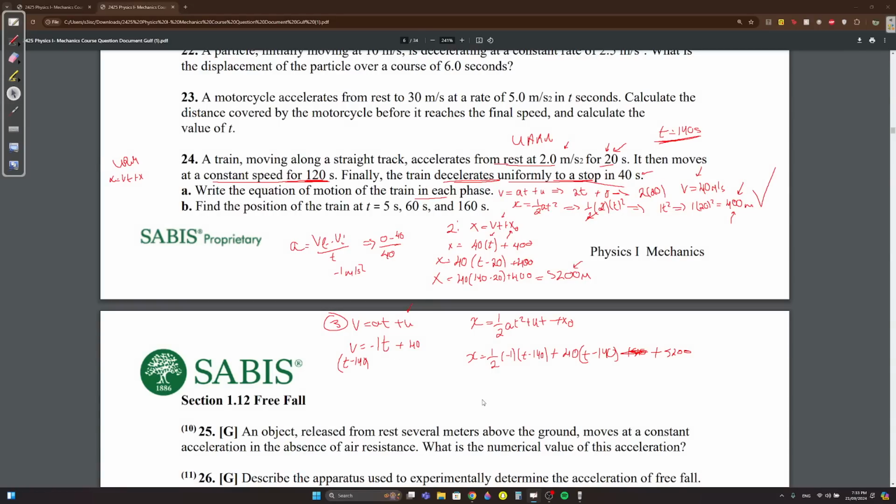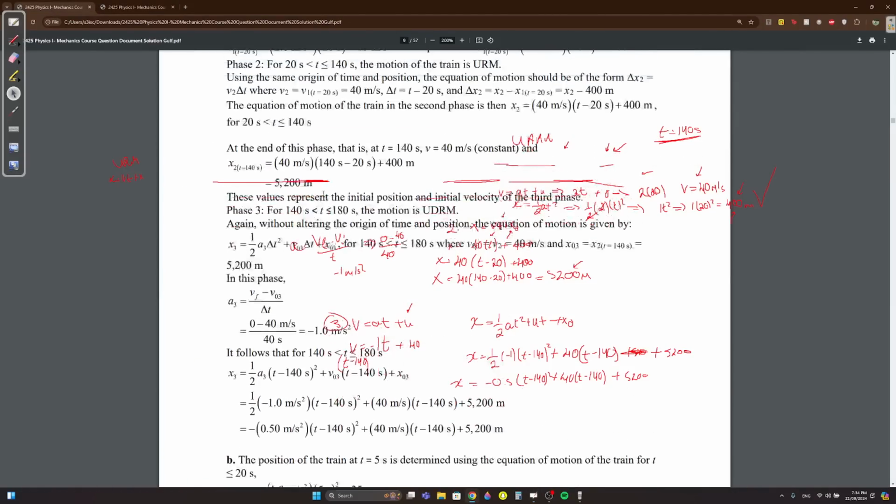So this is the equation of motion for the third phase. If you want to simplify it a bit, you get negative 0.5 times t minus 140 squared, plus 40 times t minus 140, plus 5,200. Is that it? Yeah, that's pretty much it.